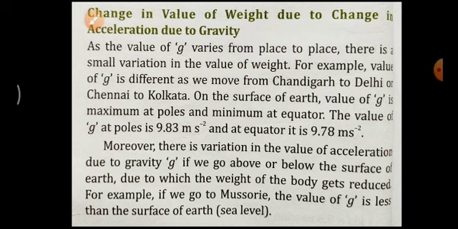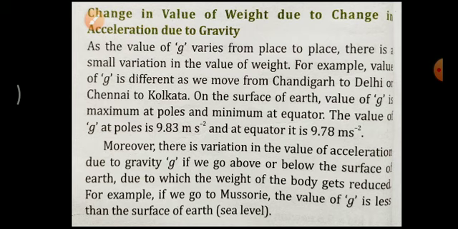For example, it is given here, the value of g is different as we move from Chandigarh to Delhi or Chennai to Kolkata. On the surface of earth, the value of g is maximum at poles and minimum at equator. The value of g at poles is 9.83 meter per second square, and at equator it is 9.78 meter per second square.